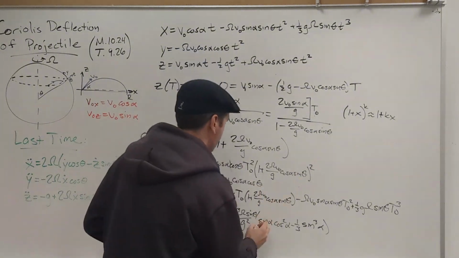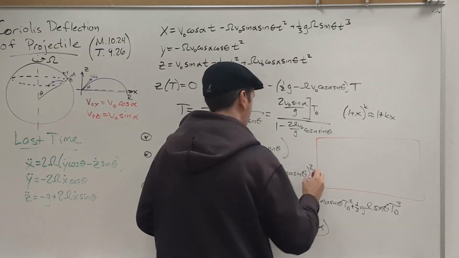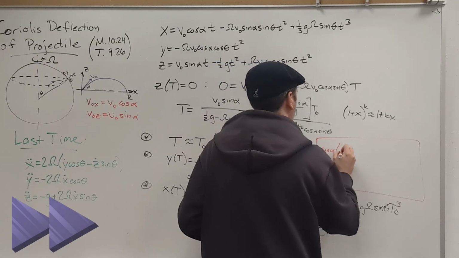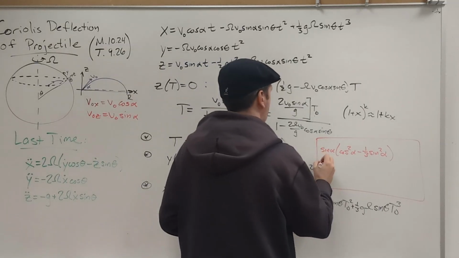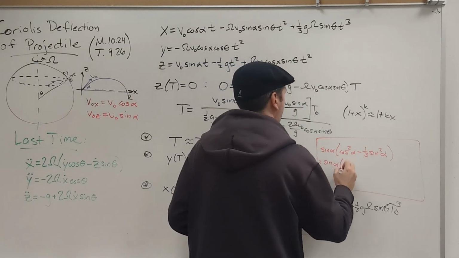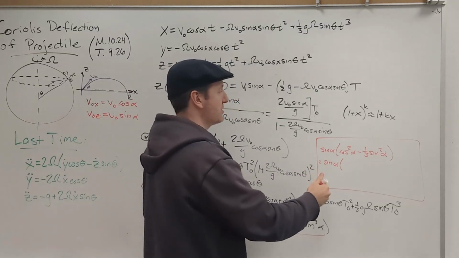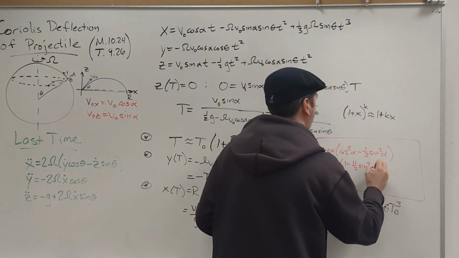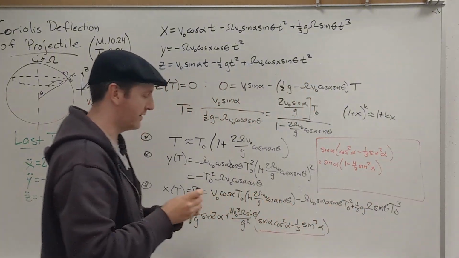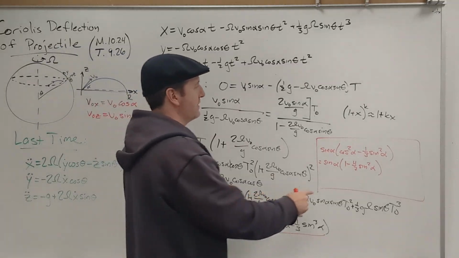So this thing, which I'm underlining in red, is the same as this. Let's use our Pythagorean identity to replace cosine, say, with 1 minus sine squared. And then combine those together.